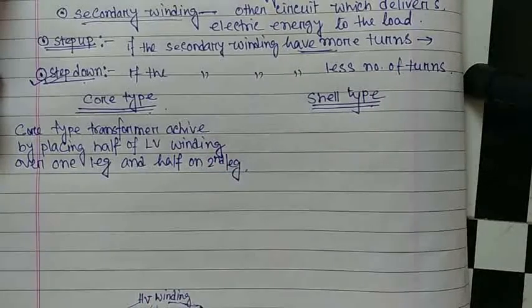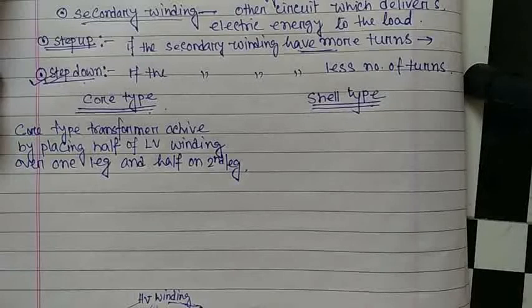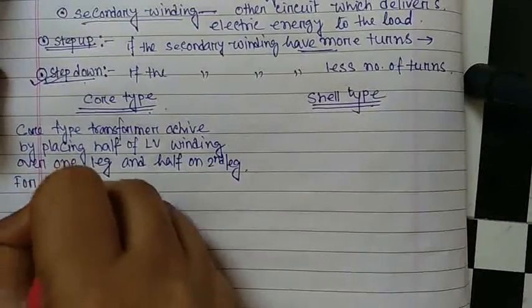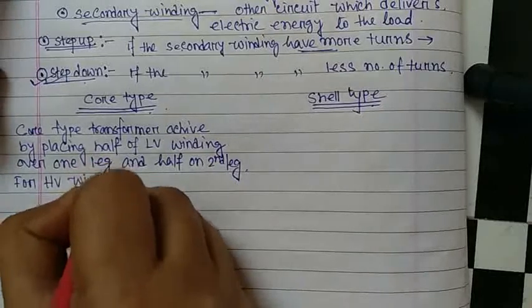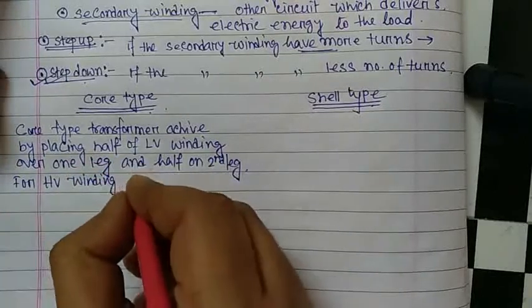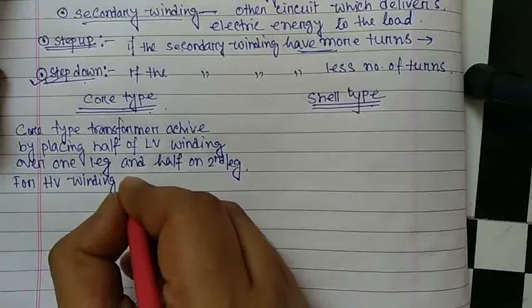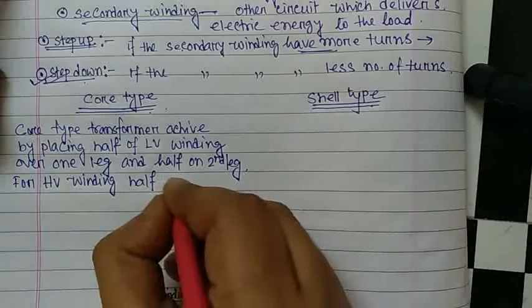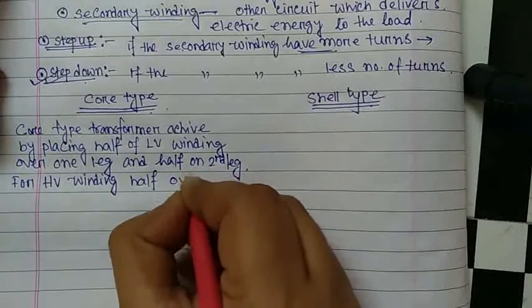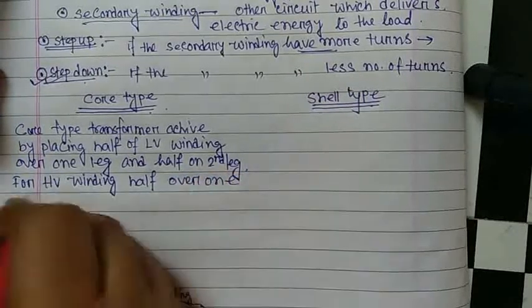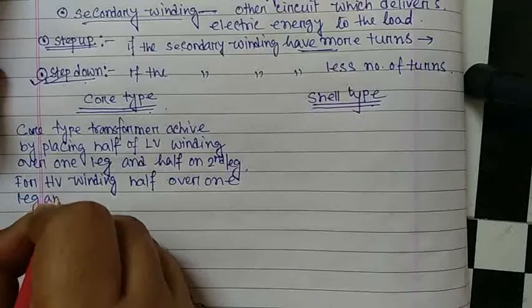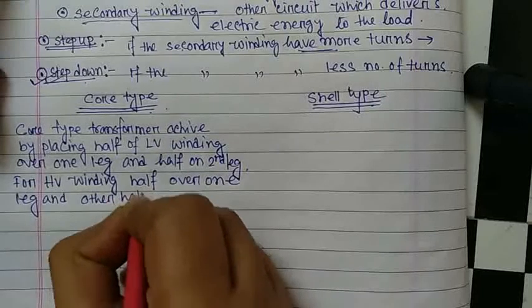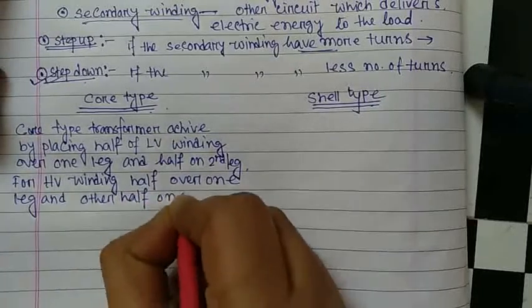For the high voltage winding, also half over one leg and the other half on the second leg.